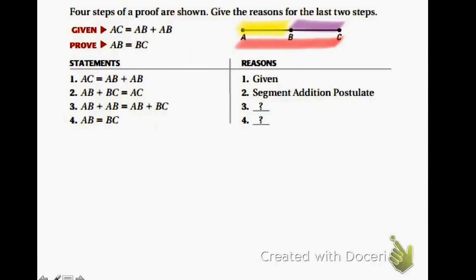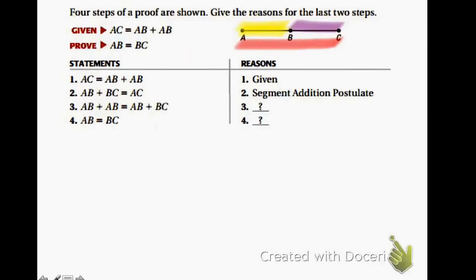All right, so let's take a look at what they've given us. Of course, the first statement is always the given information. Okay? The second statement is something that we know to be true because of the segment addition postulate. We know that 2 little segments added together make the big segment. That's nothing new. Okay? So now let's figure out how they transition from the first 2 statements to the third statement.